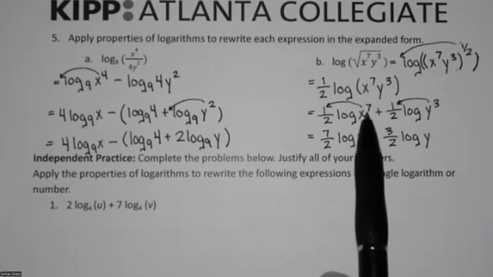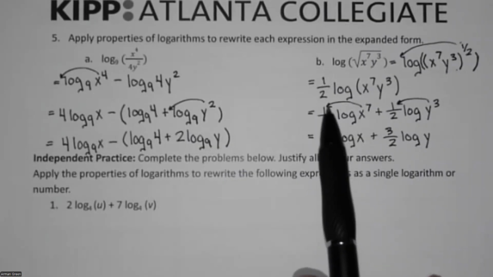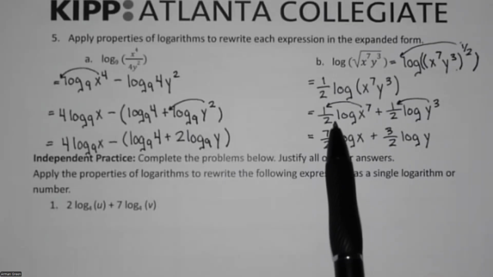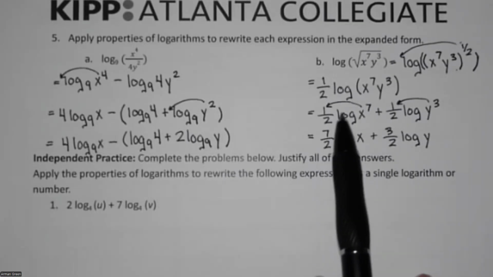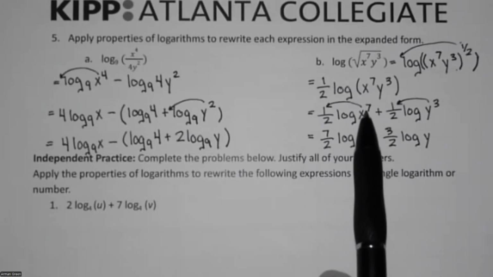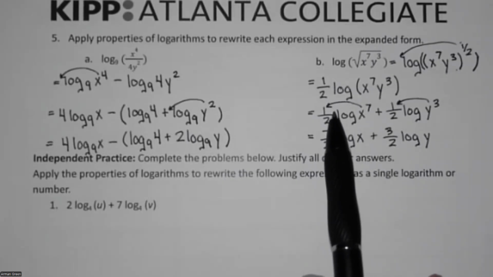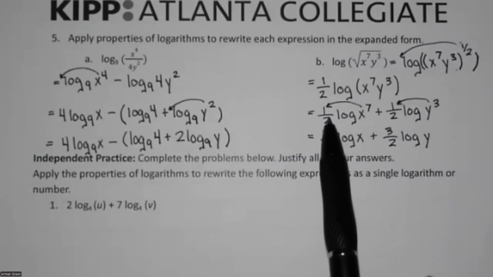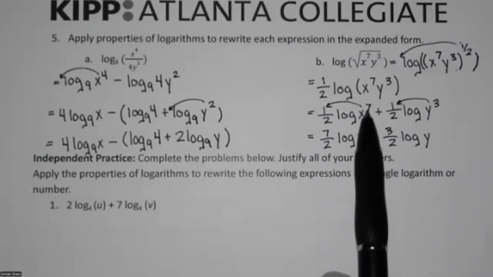And then also, if I have an exponent and I say move it to the front, but I already have something in the front, well, really all you have to do is just multiply those two things together. So in this case here, since I'm moving 7 to the front, but I already have a 1/2 there, I'm just multiplying 1/2 times 7.